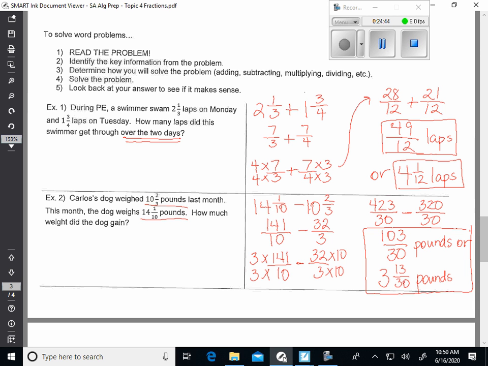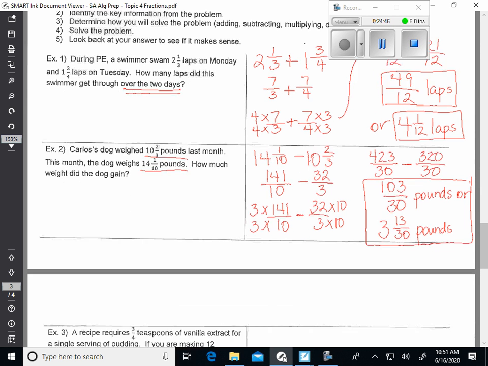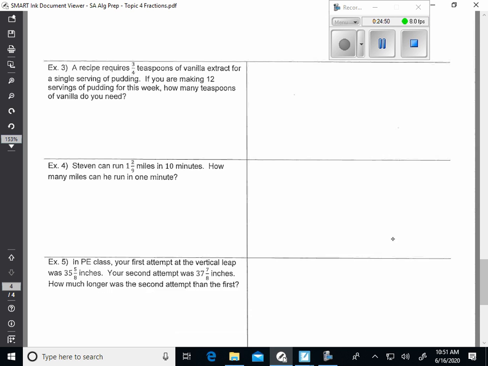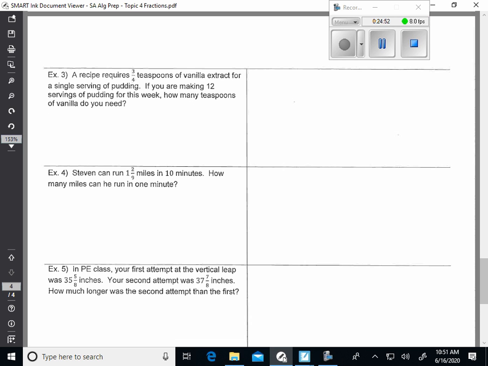All right, example 3. A recipe requires 3/4 teaspoons of vanilla extract for a single serving of pudding. If you are making 12 servings of pudding for this week, how many teaspoons of vanilla do you need? So in this case, 3/4 to make one single serving.